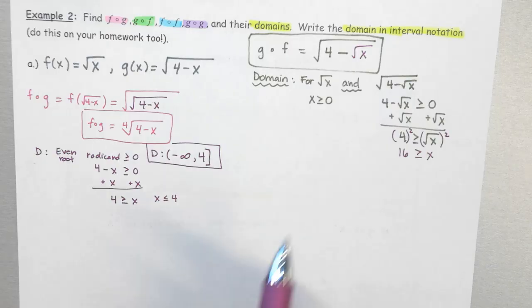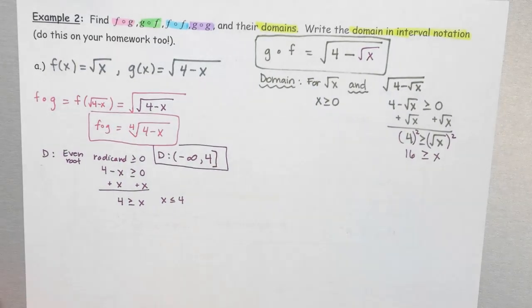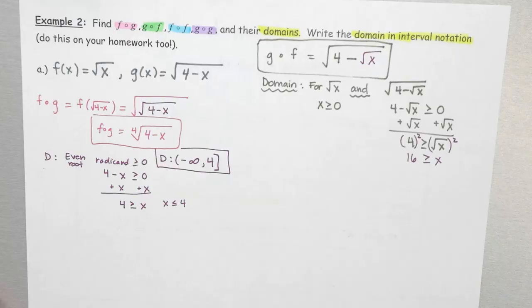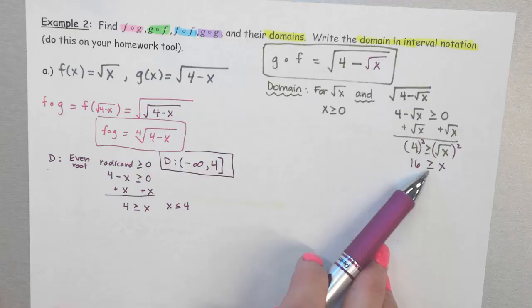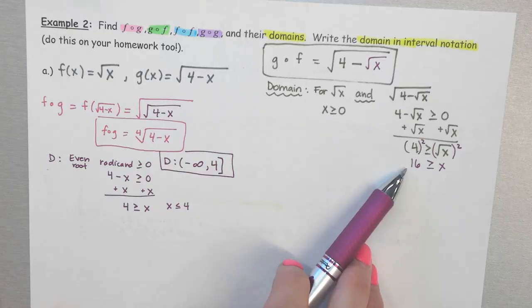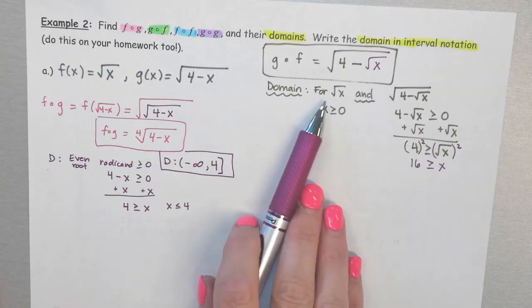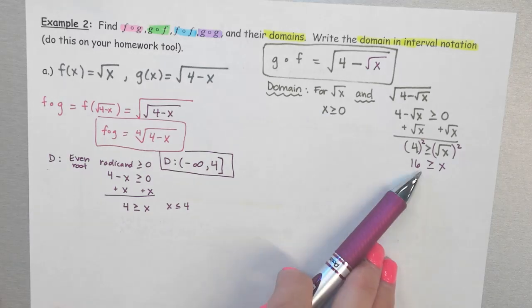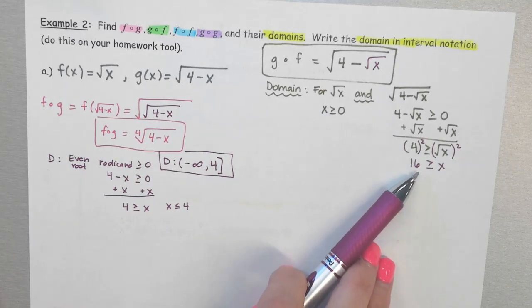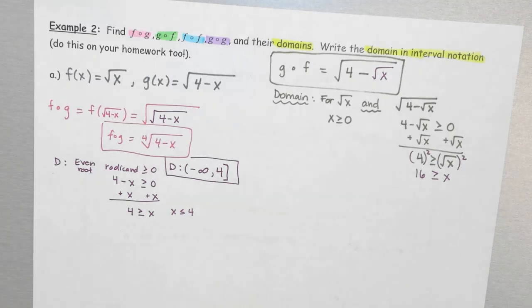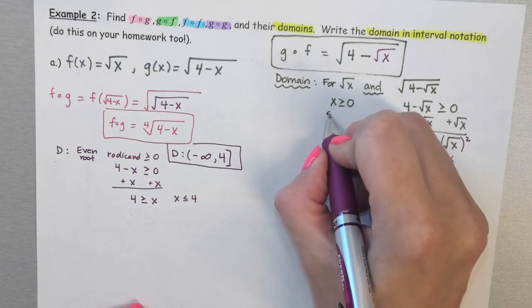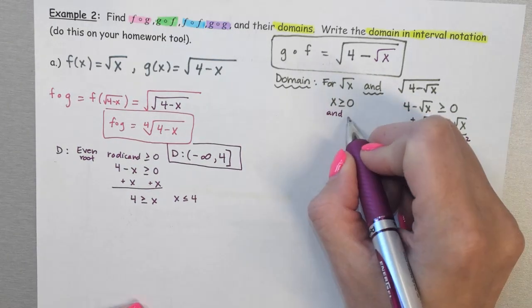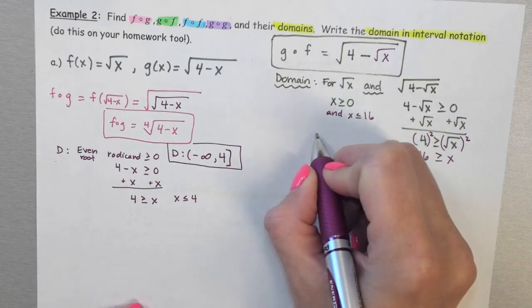And then because you have to satisfy both of these conditions, you have to find all the values that occur in both of these intervals. So you want all the numbers that appear in this interval as well as all the numbers that appear in this interval. Some of you can do that without a number line, that's fine. You can also use your number line. So it has to be this and x is less than or equal to 16.